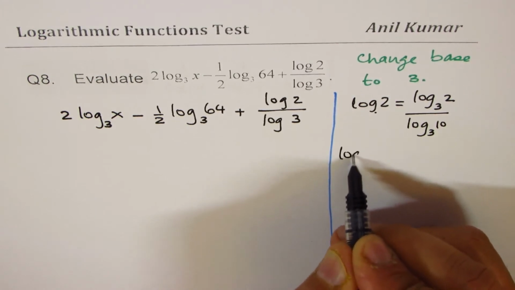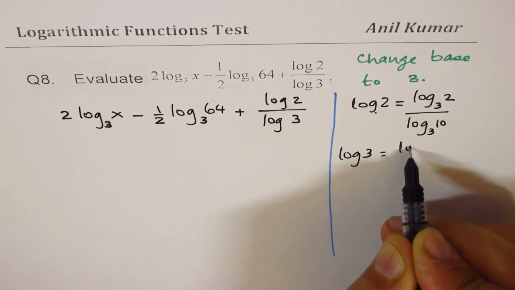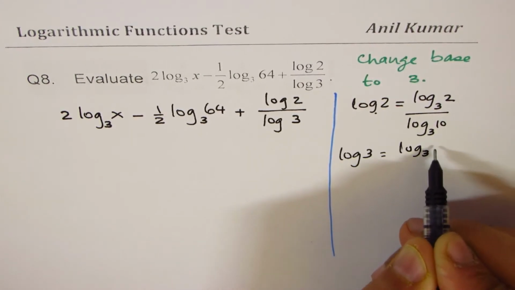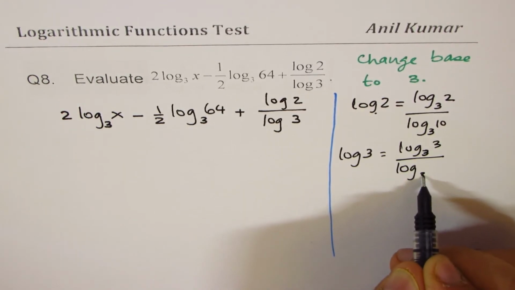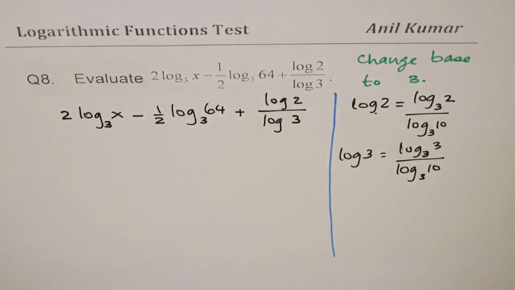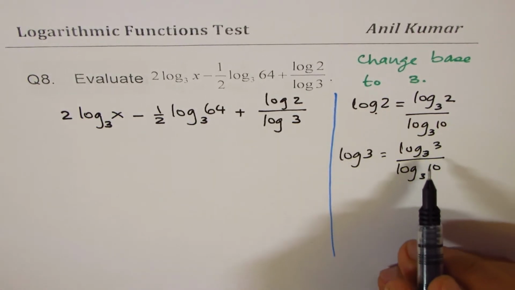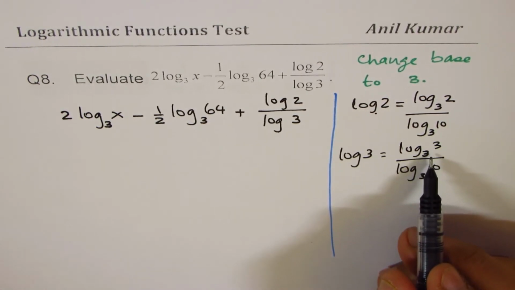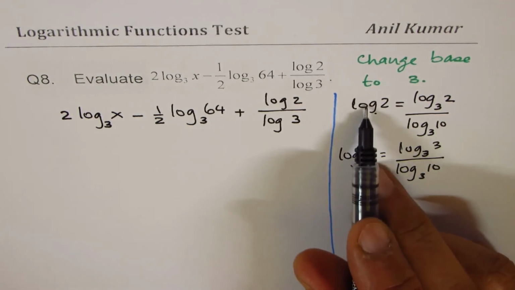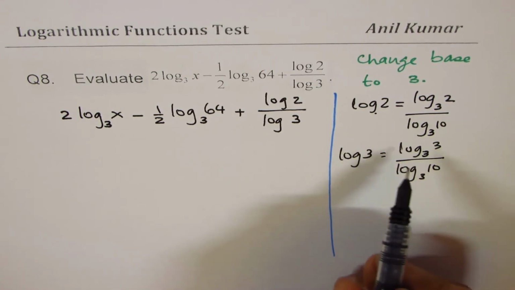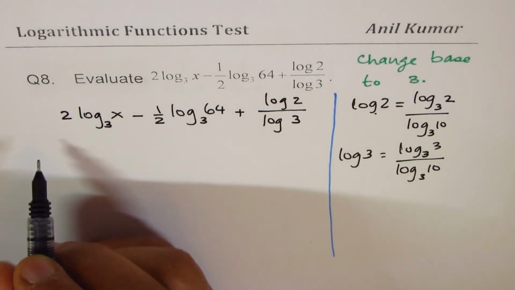Similarly, log of 3 could be written as log to the base 3 of 3 over log to the base 3 of 10. Correct? So log 3 of 3 basically is 1, and log 3 of 10 will cancel when you divide one by the other. So taking that into consideration, let's continue.